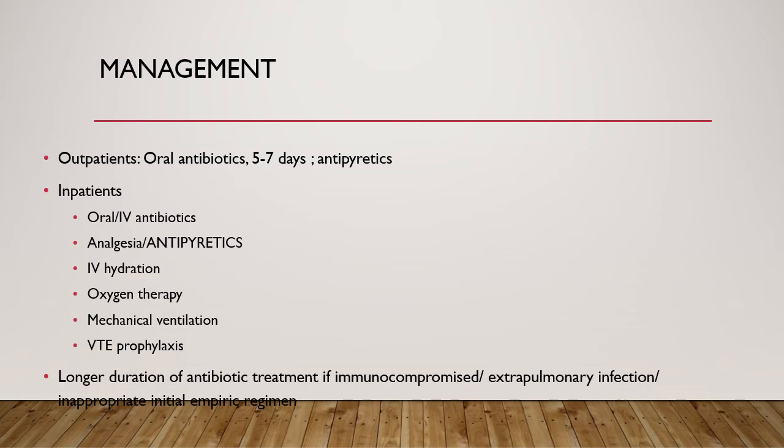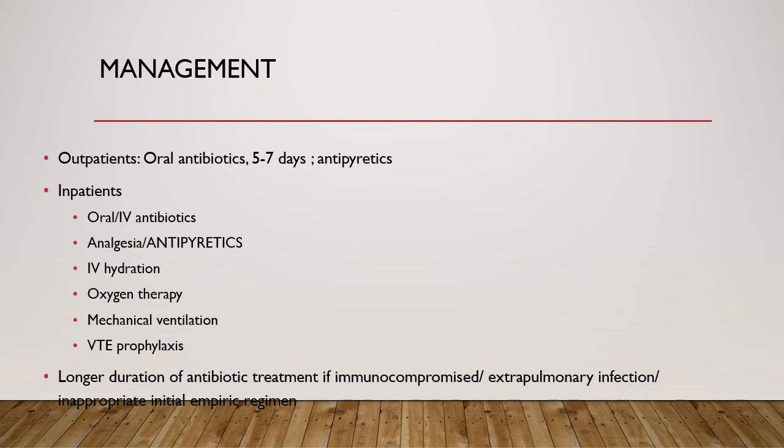Along with that, analgesia, antipyretics as required, and IV hydration as required, because patients who are in sepsis require hydration. Oxygen therapy if the patient is hypoxic, and mechanical ventilation if patients are getting fatigued because of an increased respiratory rate.